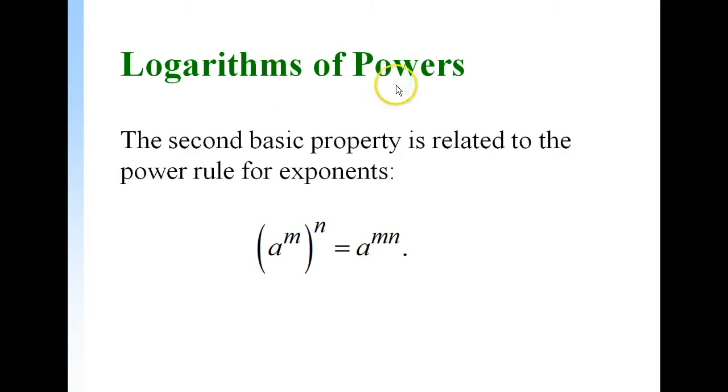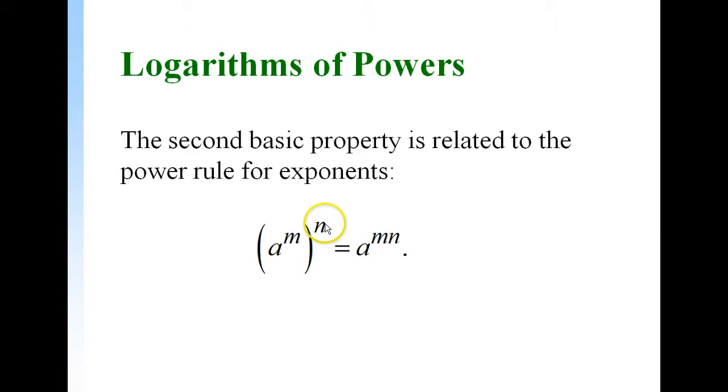Okay, logarithms of powers. The second basic property is related to the power rule. That is, when you have something set up like so, a to the m raised to the n power, we multiply our exponents and we get a to the mn.